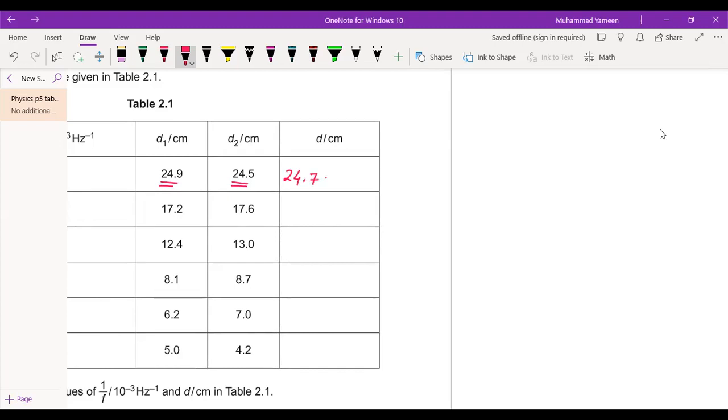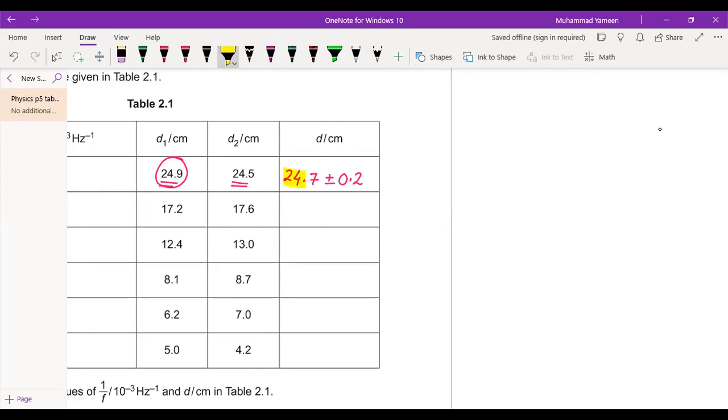What should be your absolute error over here? The max value is 24.9. If you subtract this central value or average value from the maximum value, you will get 0.2. So that is your absolute error. You can check it.